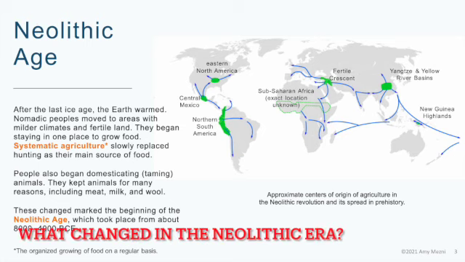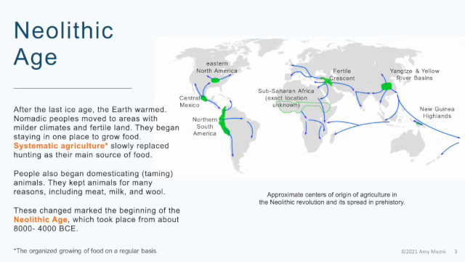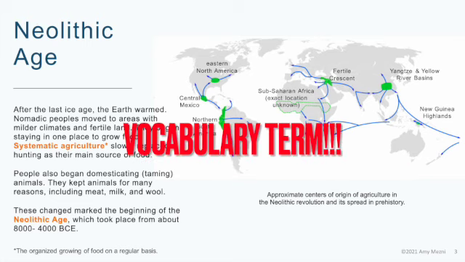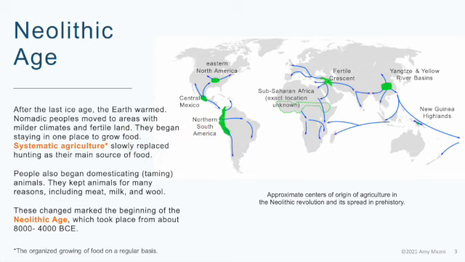So it says after the last ice age, the earth warmed. Nomadic peoples moved to areas with milder climates and fertile land, and that means land that's easy to grow things. They began staying in one place to grow food, and we would call this systematic agriculture, which slowly replaced hunting as their main food source. So they could stay there, grow their own food, and they wouldn't have to always be looking for food.